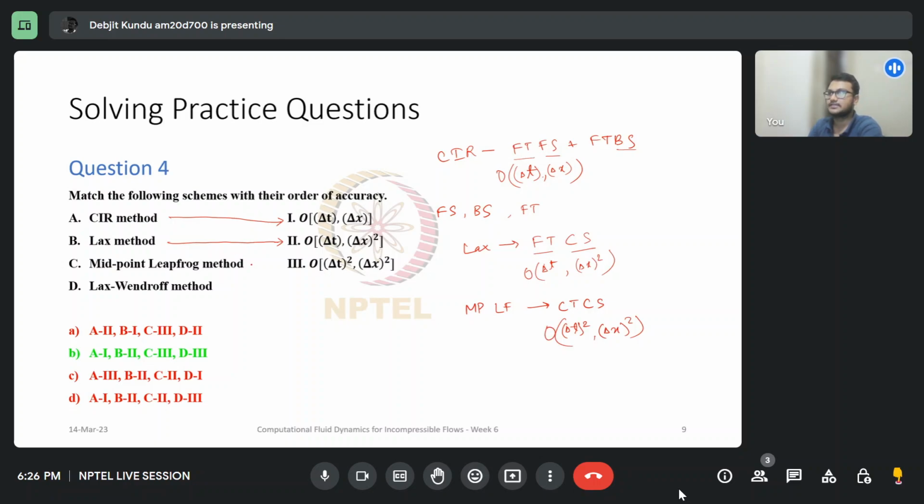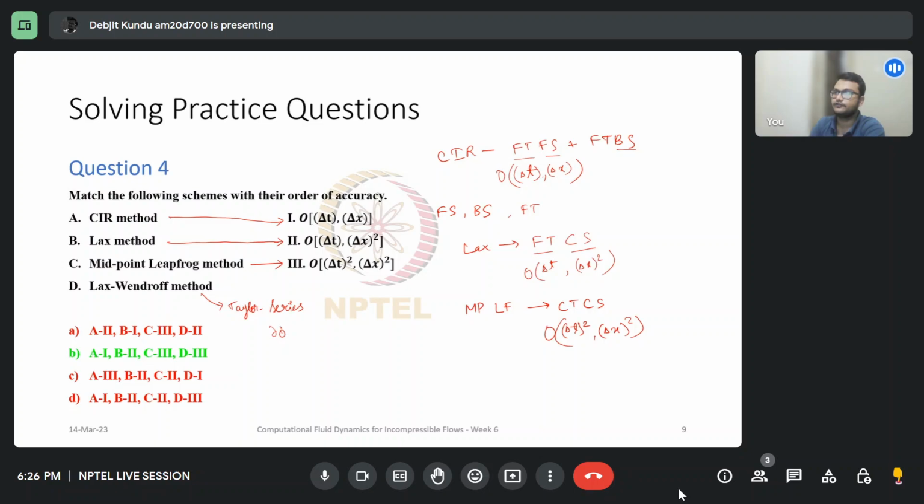As a result, it will have second order in time as well as second order in space accuracy. So that's C3. And the Lax-Wendroff method, this you can't directly do in this way. It goes through a Taylor series expansion, and we replace all the spatial terms.